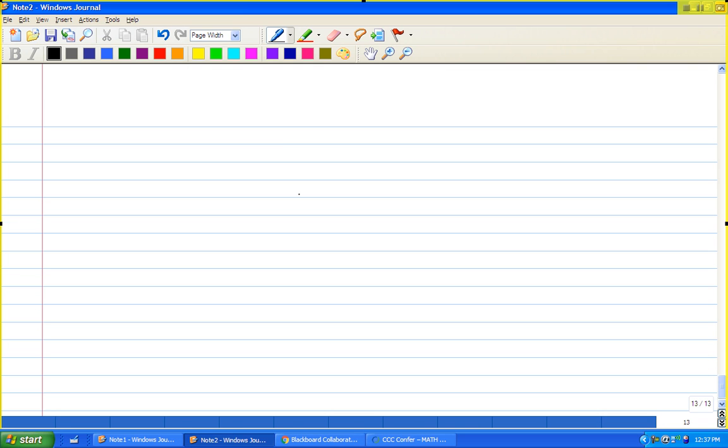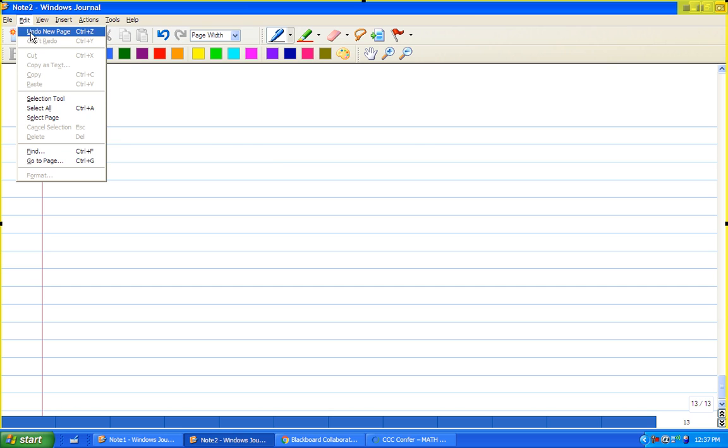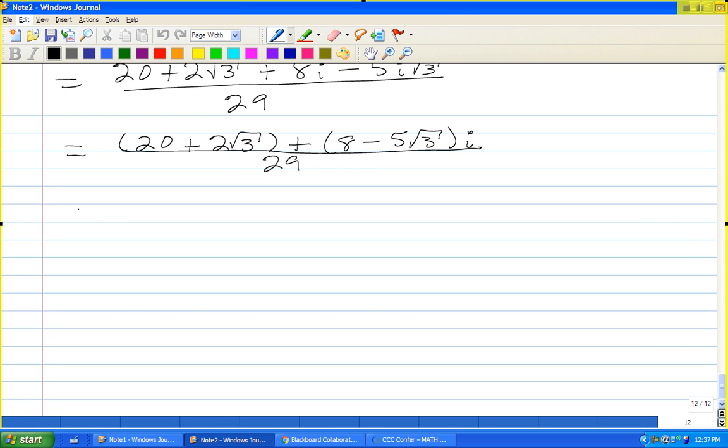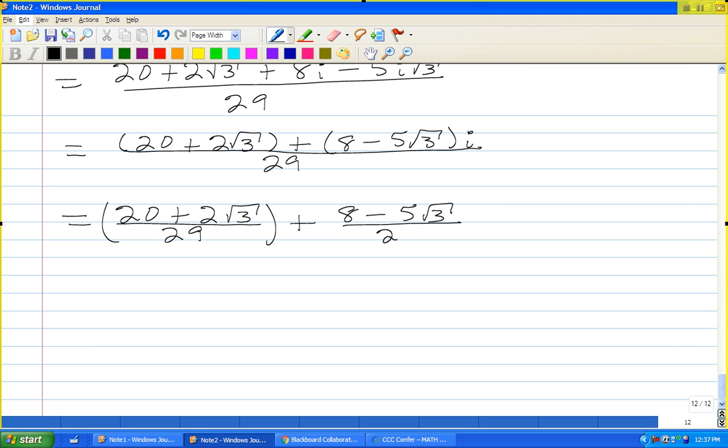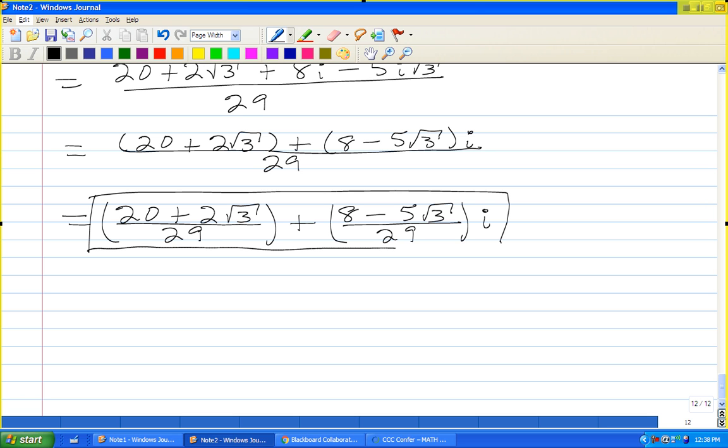And lastly, let me write it in standard form. So let me write it as 20 plus 2 rad 3 all over 29, the real part, plus 8 minus 5 rad 3 all over 29, i, the imaginary part. And now I've written this in standard form.